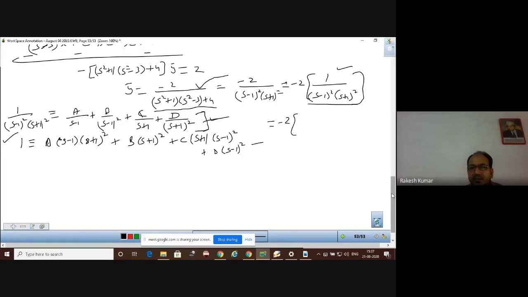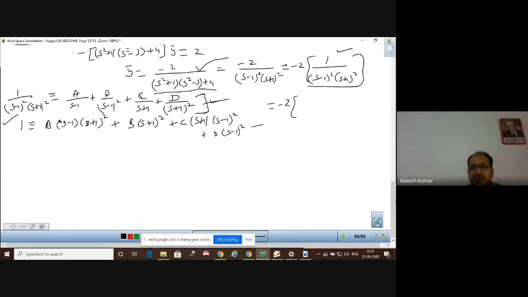Earlier we have tried this one. You can try in this way also, but it would be 1 over (s plus 1) square minus 1 over (s minus 1) square. But I don't know if you think it will work. You try another means also. You need to find out the linear factors.